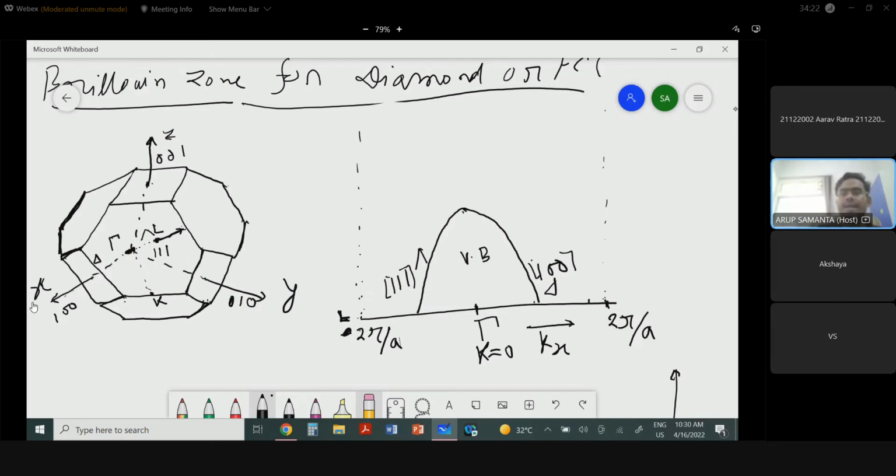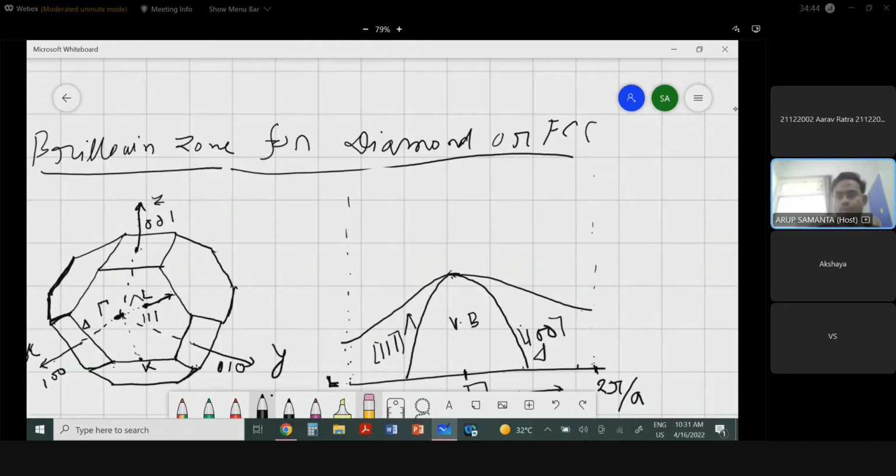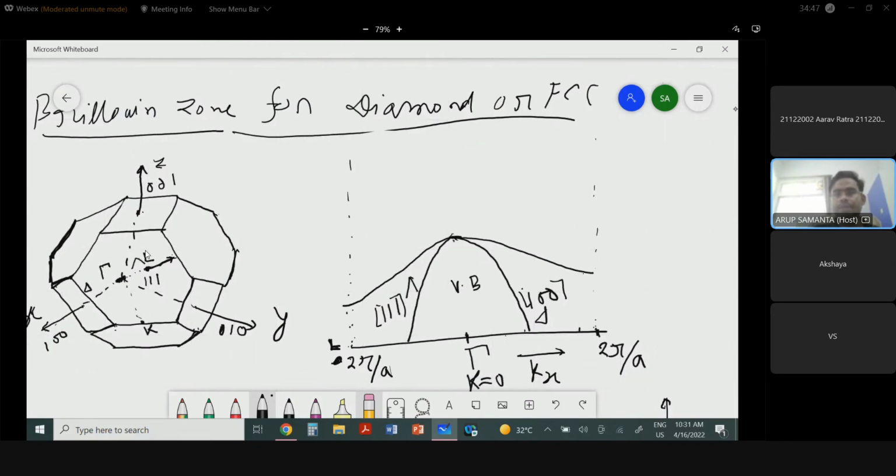Along this L direction at 2 pi by a, this is the valence band. You can find two bands in the valence band. Something like this. One is the lower band, this one, another is the upper band. Now I am going to draw the conduction band part. Conduction band you can find, just drawing dotted.